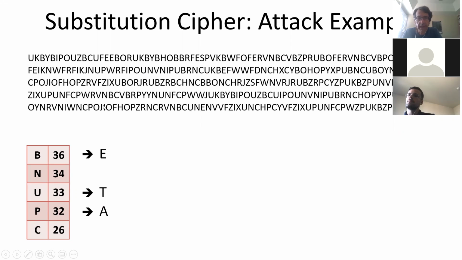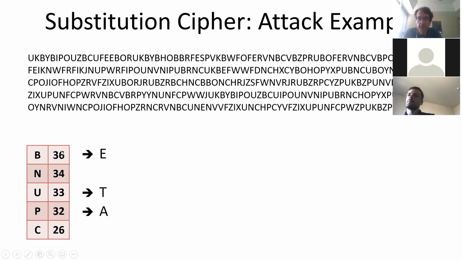So in this text, B occurred is the number 1 frequency letter. Then close after is N, U, P, etc. And now I have this table of most frequent letters in the English alphabet, freely available from, say, the web. And I just do a best match, right? So this is going to be my start.